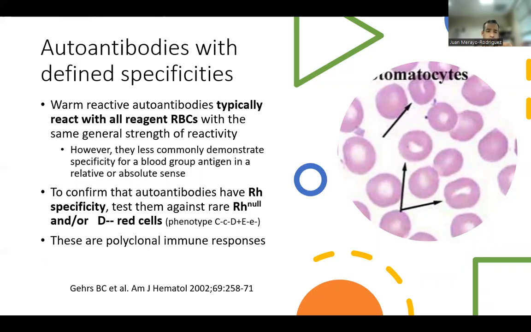These are polyclonal immune responses. And you can see in the image here in the background, stomatocytes. The central pallor now becomes slit-like or mouth-shaped. This can be seen in patients that have the RH null blood type.